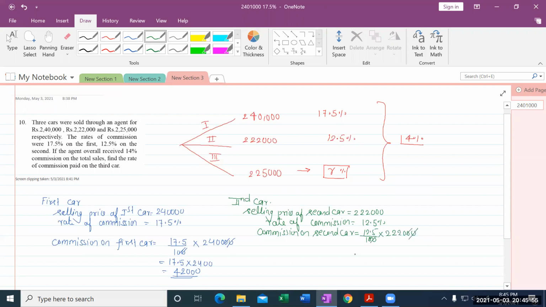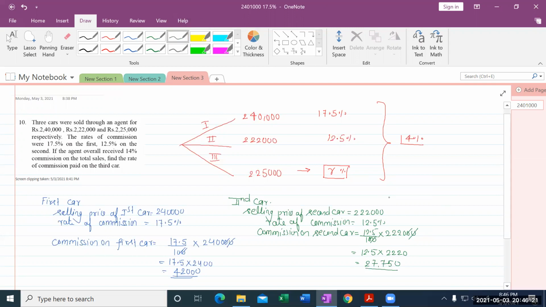Two zeros will get cancelled. 12.5 into 2,220. So now 12.5 multiplied by 2,220. It will come around 27,750. This is the commission on the second car.